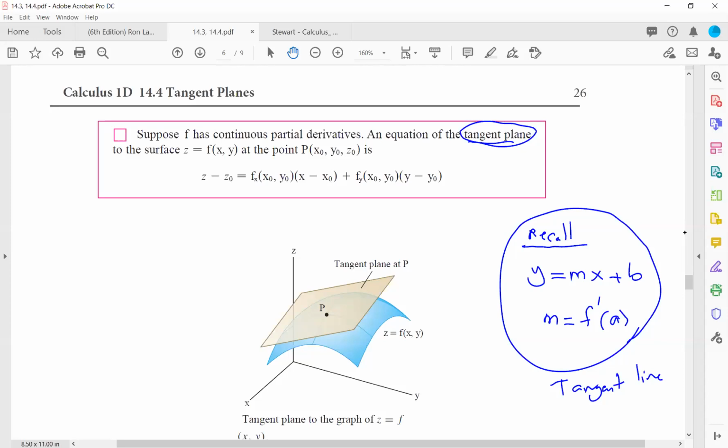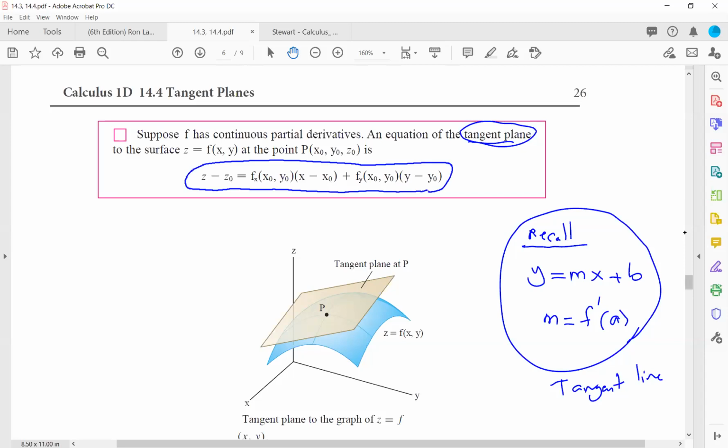So you're interested in finding a tangent plane, not a tangent line, to this surface. So in general, if you have a function with continuous partial derivatives, then the equation of tangent plane at point x sub 0, y sub 0, z sub 0 is defined this way.